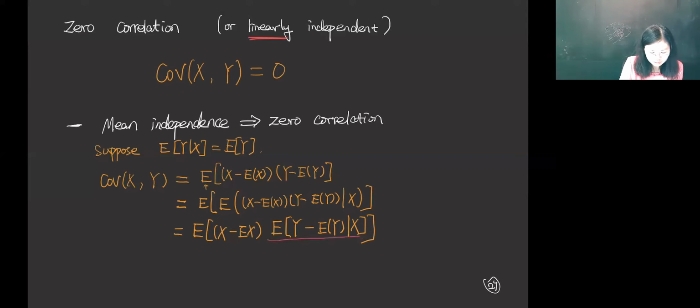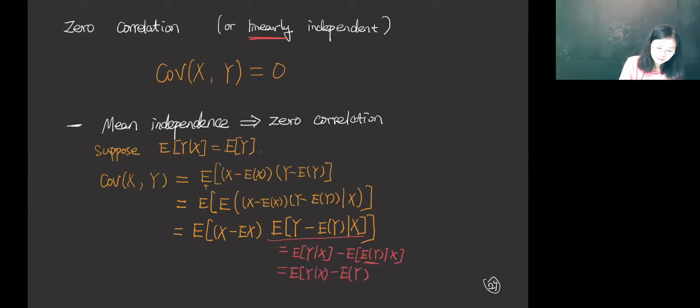If you look at this, it can be written as E of y given x minus E of E y given x. But what is E of E y given x? E of y, the expectation of y, is a constant. So the conditional expectation of the constant is the constant itself. So we can write that as E of y given x minus E of y.